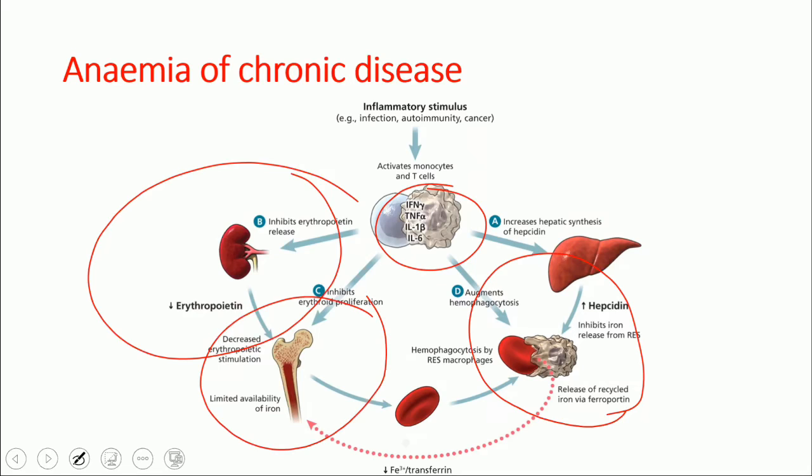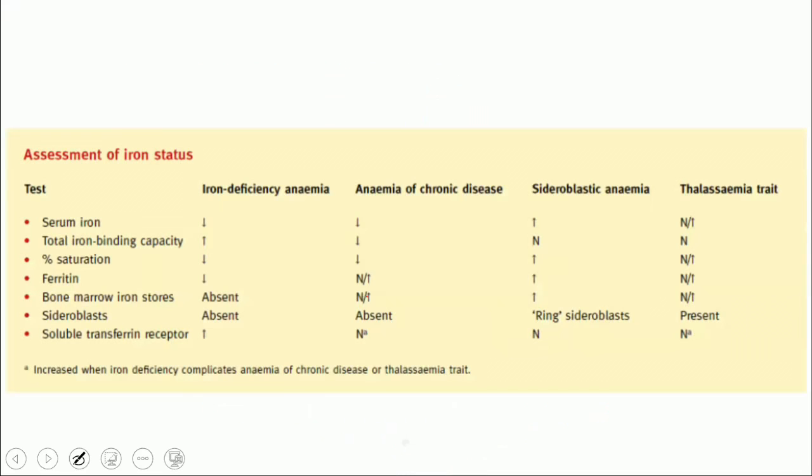So red cell production is also inhibited. It inhibits the erythropoietin release, and in addition to that, it sort of traps the iron and doesn't release it for hemoglobin formation. Right? So this is what happens in anemia of chronic disease.